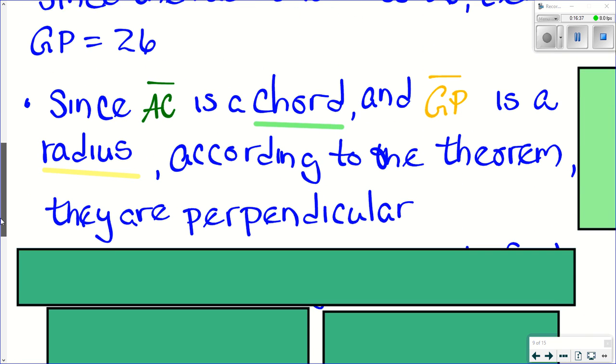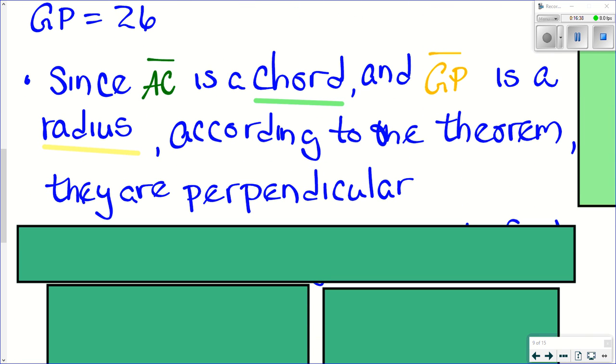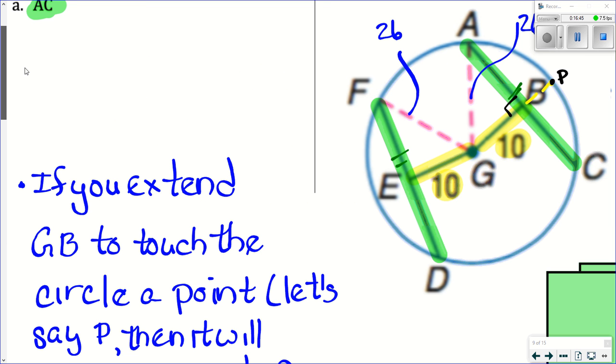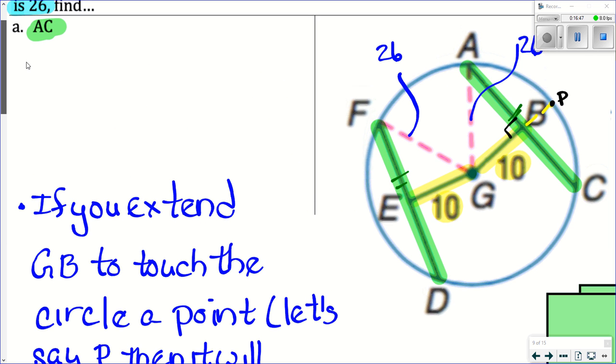Alright. Now, we need to look for AC. But in order to find AC, notice that we have the measurement for AG, we have the measurement for GB, which is 10, AG is 26, and we have AB that we don't have a measurement for.